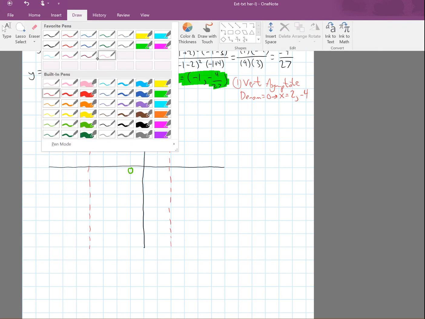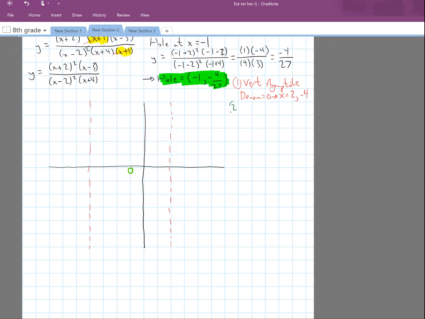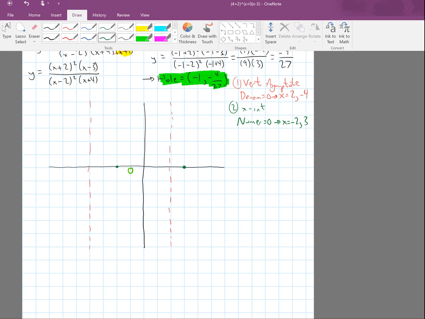What have we been doing next? In green, the x-intercepts, which are when the numerator equals 0, which would be x equals negative 2 or 3. And remember, this one comes from a squared binomial, and that will be important later.